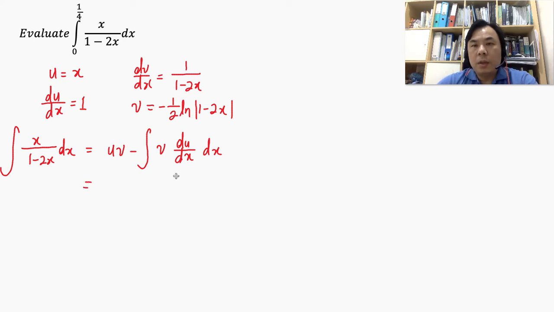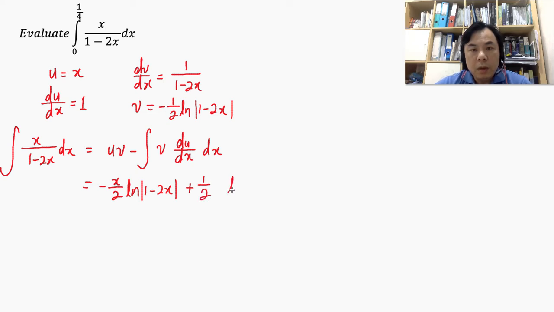So by substituting this into the integration by parts formula, I should have x over 2 ln modulus of 1 minus 2x. And then after that, this one will be a positive half integral of ln modulus of 1 minus 2x dx.